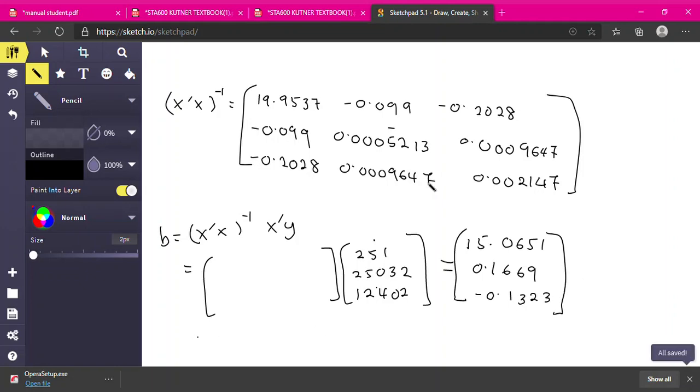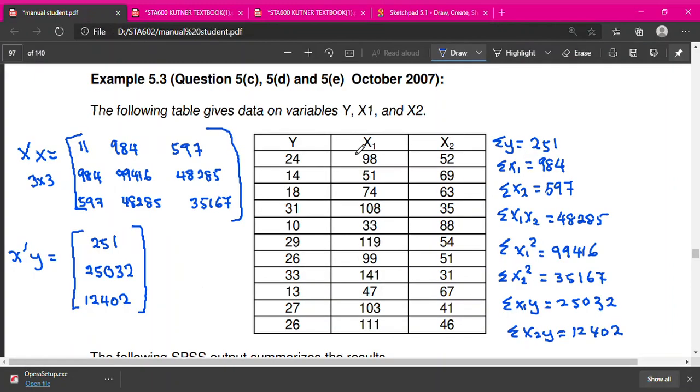So the regression equation, the estimated regression function will be y hat equal to 15.0651 plus 0.1669 x1 minus 0.1323 x2. Here we did not know what y, x1 and x2 are.